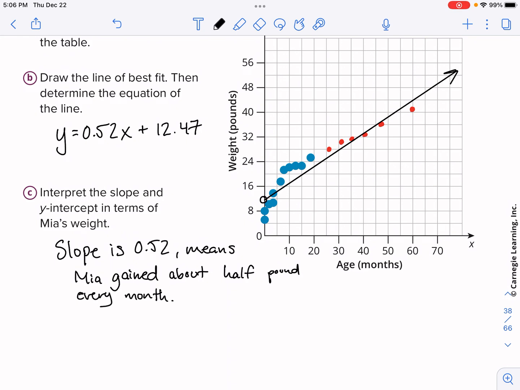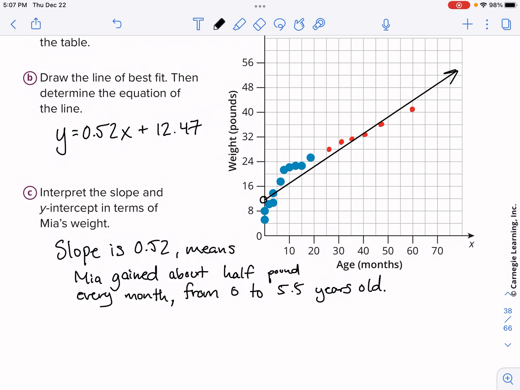Is it exactly that? No, that's why we say about. And this is for her age from 0 to 5.5 years old. Who knows what happens after that? Maybe it plateaus, maybe it increases. But at least using the data set, that's what we get.